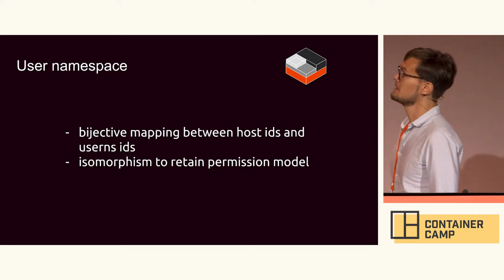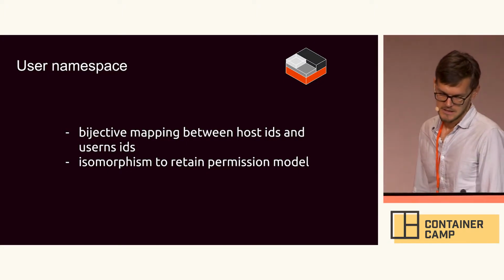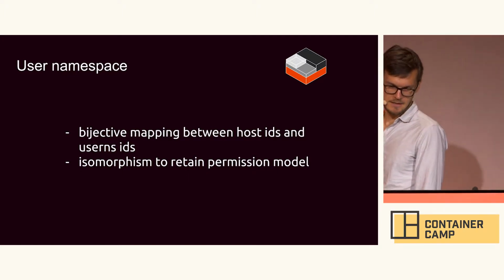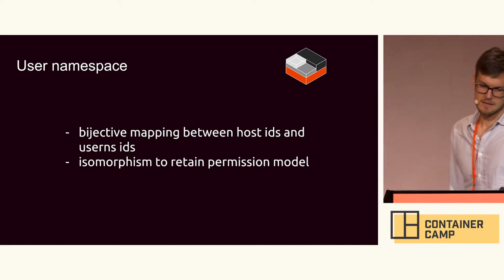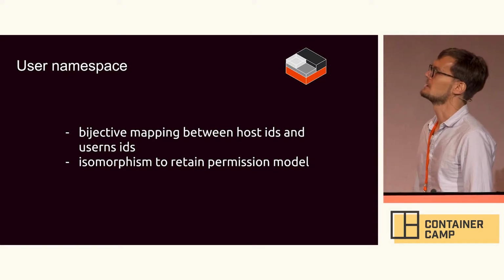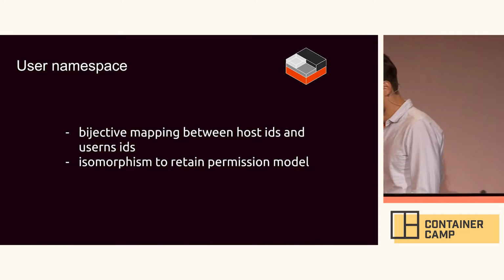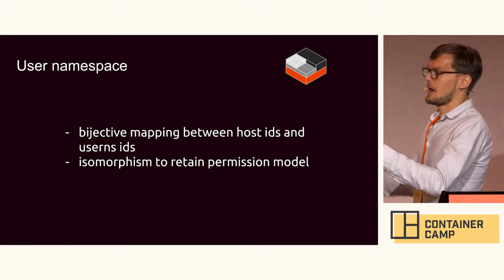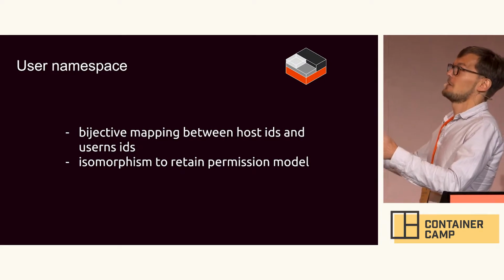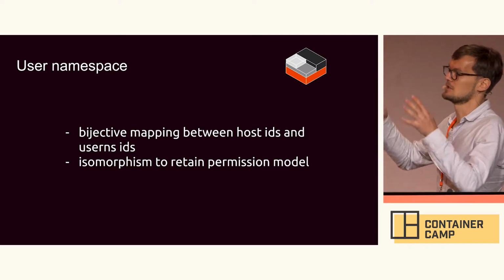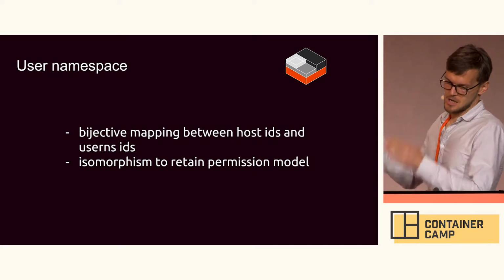There is no requirement to do this in a particular way, so again, you can choose arbitrary subsets of user namespace IDs. However, if you want to retain the full permission model that you have on the host, then you need to establish an isomorphism, which is usually done by choosing user namespace ID 0 up to 65,536 and then mapping it to a range of identical size on the host.